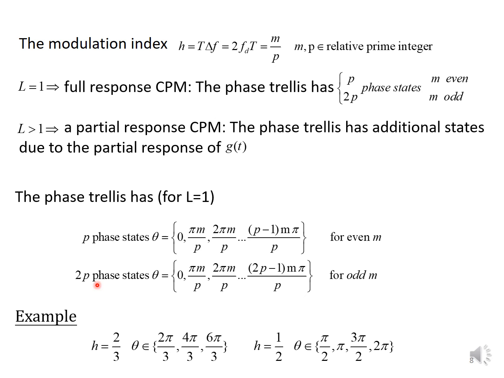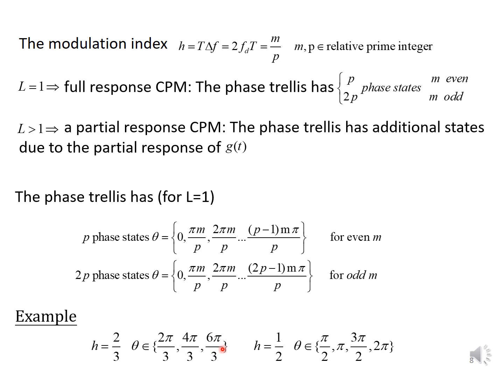Okay, it's because, for example, for h equal to 2/3, the ratio of h is m equal to 2 and p equal to 3, and you can see that the possible phase states would be 2 pi over 3, 4 pi over 3, and 6 pi over 3.